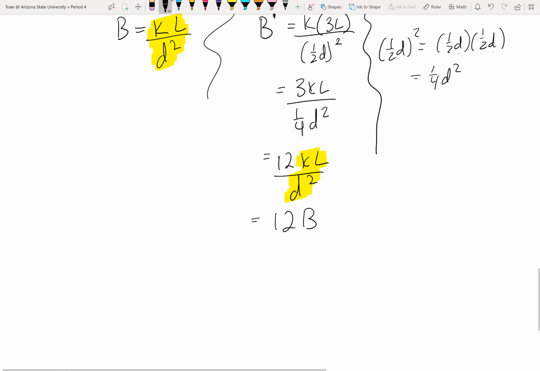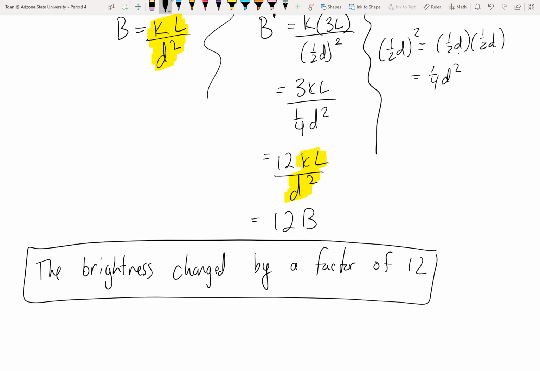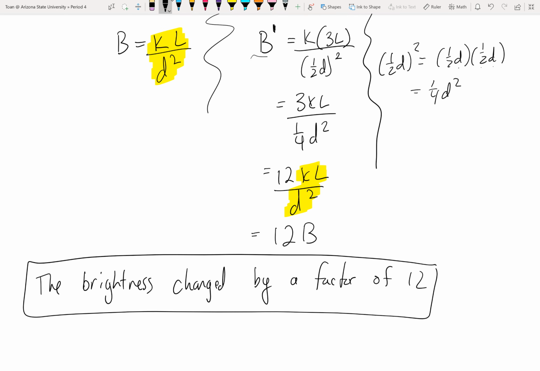I'm not asking for a lot. Just write a little sentence here. So the brightness changed by a factor of 12. Yep, because our math literally says the new brightness is equal to 12 times the old brightness. Right.